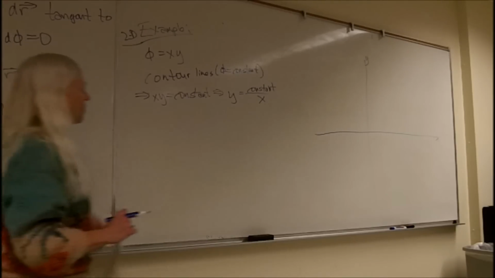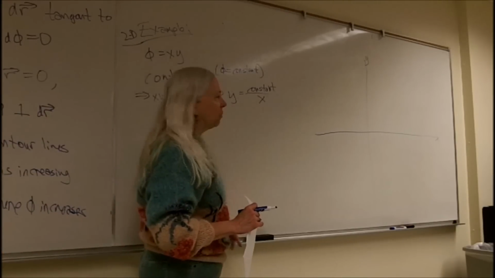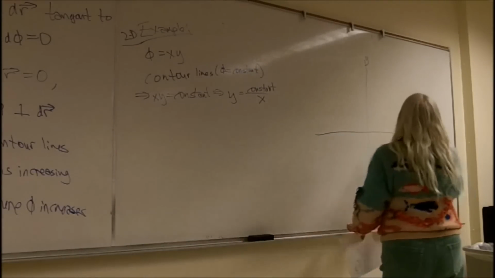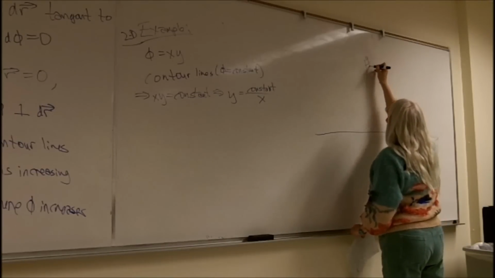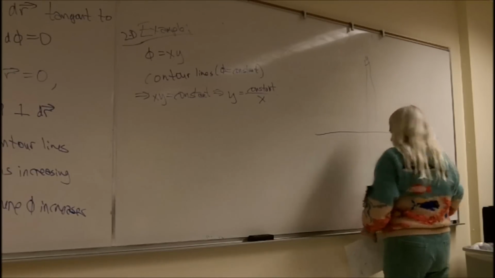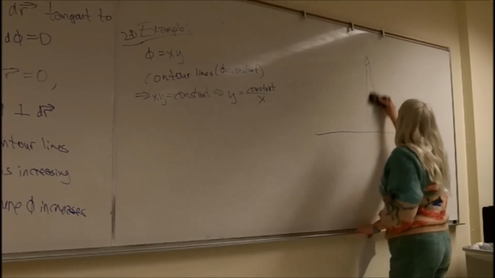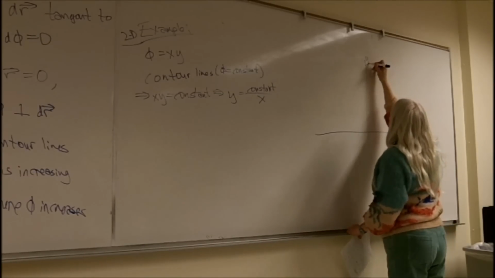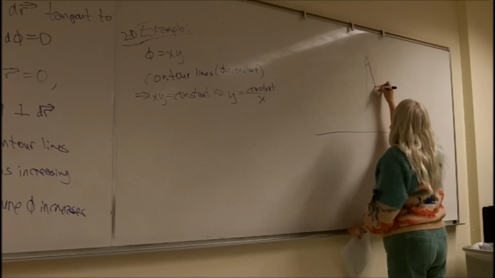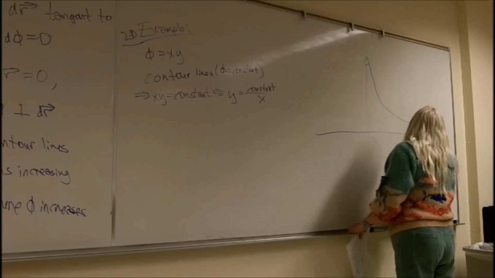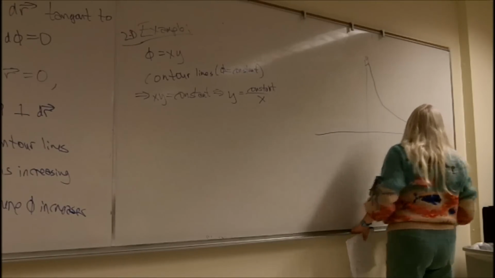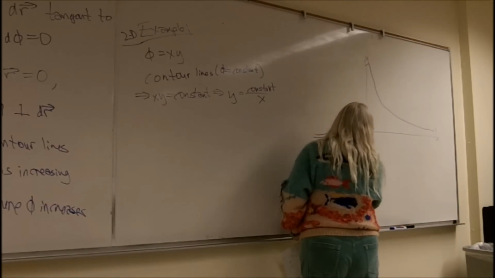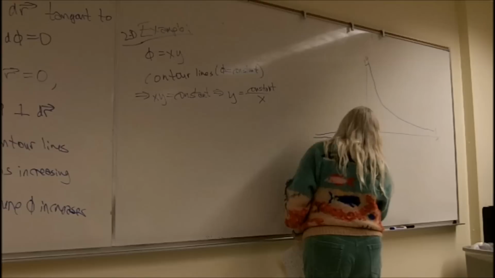So for example, if the constant was equal to 1, I would be drawing a graph of y equals 1 over x, which looks something like this. I'm going to label that with 1, and I can draw another piece of it over here.